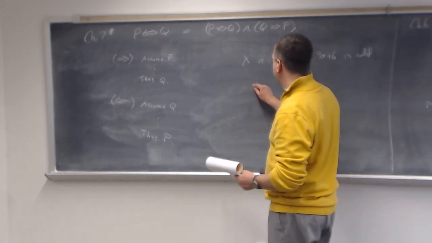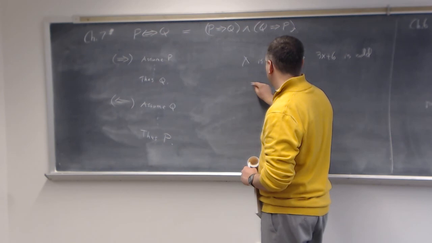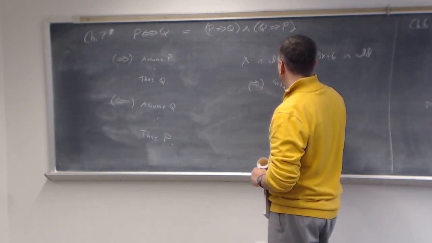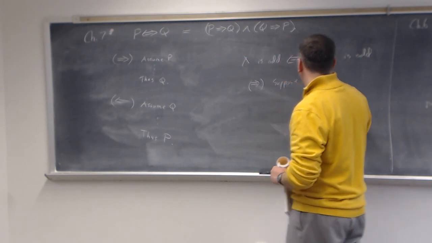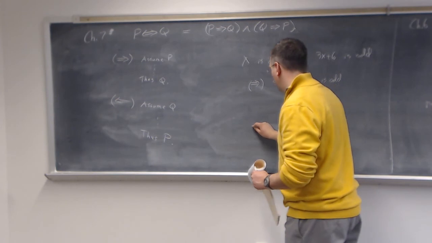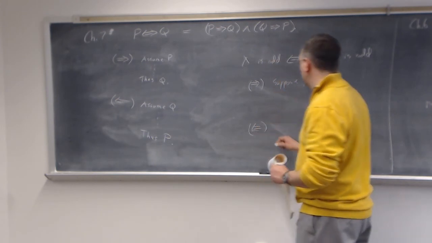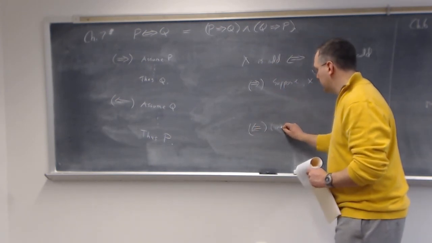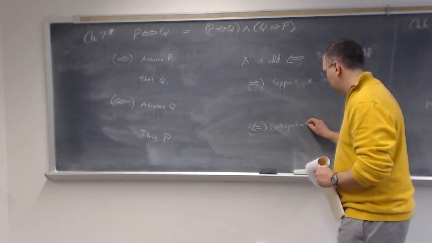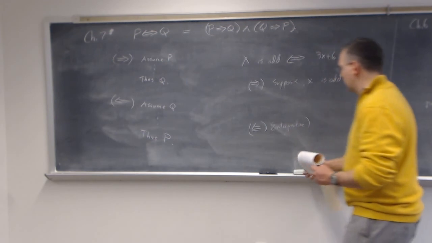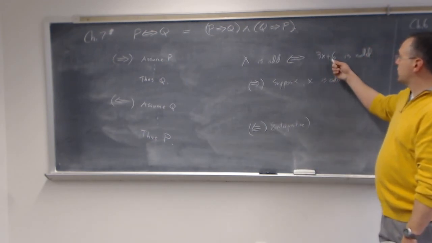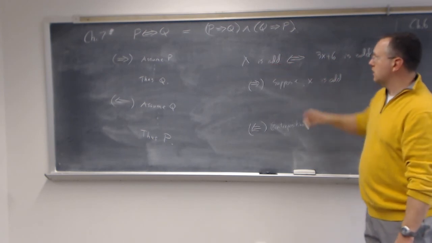Okay, so you'd have both directions. For the forward, x is odd, but for the reverse, I might use contrapositive. So the reverse implication is 3x plus 6 is odd implies x is odd.